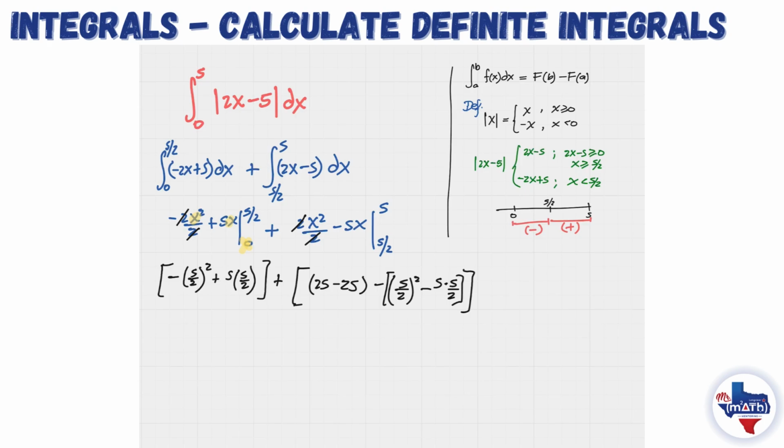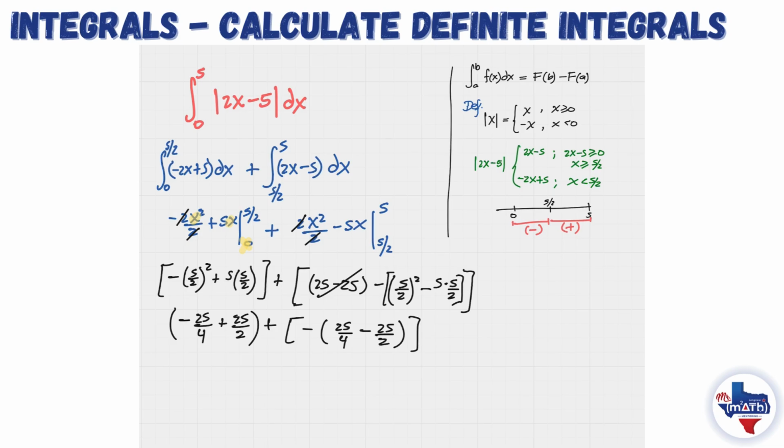In this case, we'll have negative 25 over 4 plus 25 over 2, plus, this is 0, and then we'll have 25 over 4 minus 25 over 2.